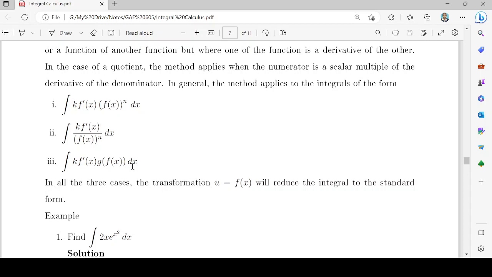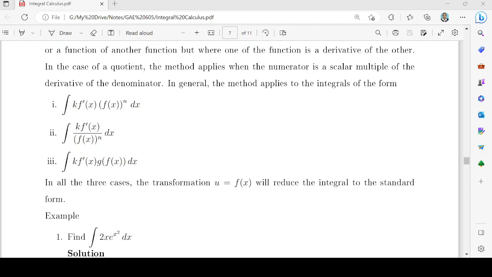Now, for these integrals, the transformation u equals f of x will reduce the integral into some standard form. So we are going to look at examples on how to apply this method to different cases.